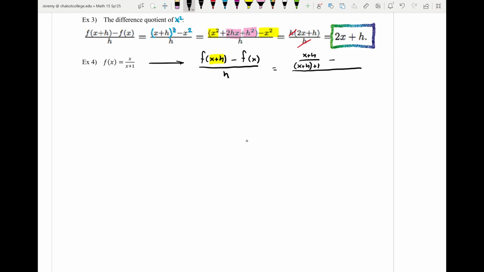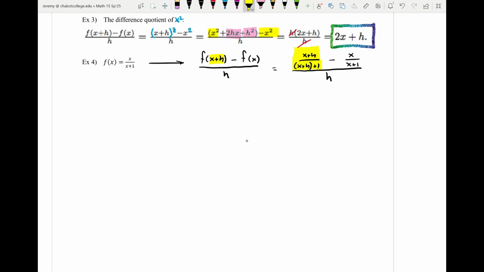All right, and then the second term in the numerator is just going to be f of x, so our original function, x over x plus 1. And in the denominator, we'll just have that h. Okay, so the trickiest term to come up with is just this f of x plus h. But everything else is pretty straightforward.